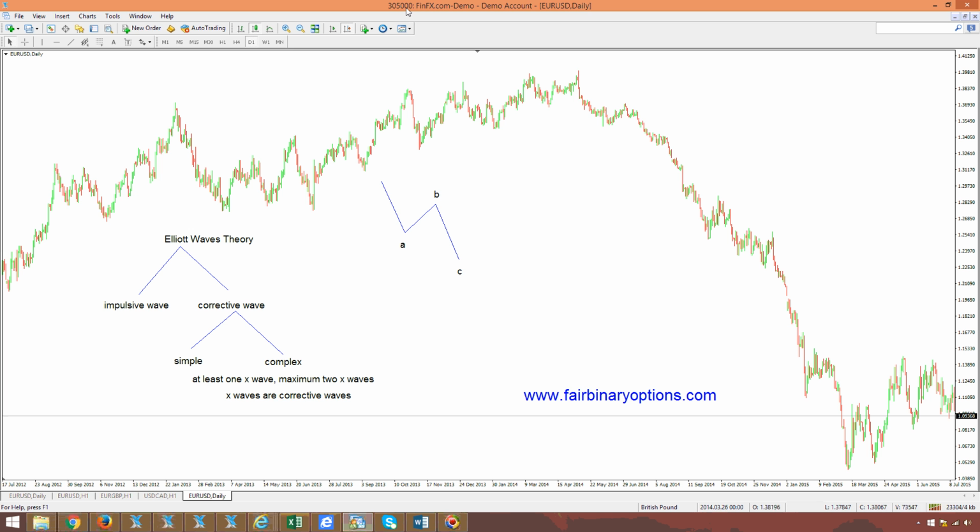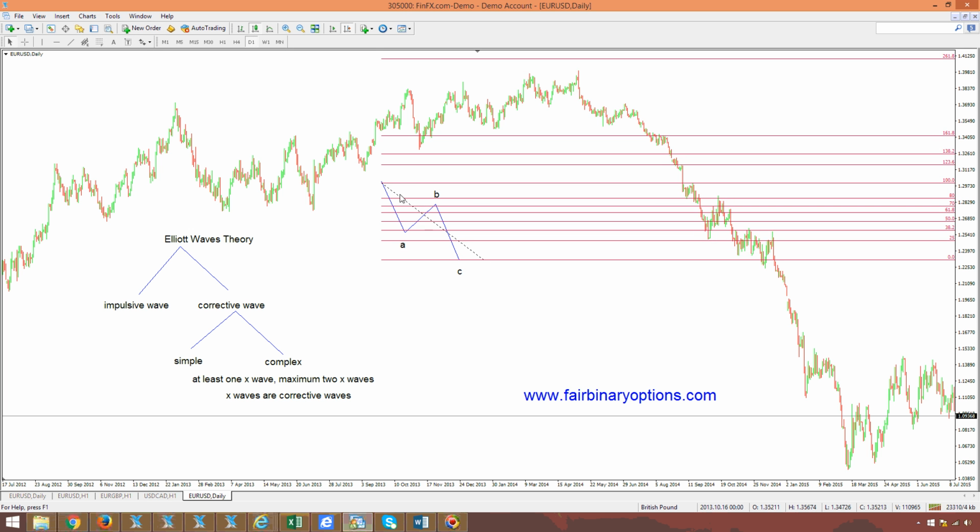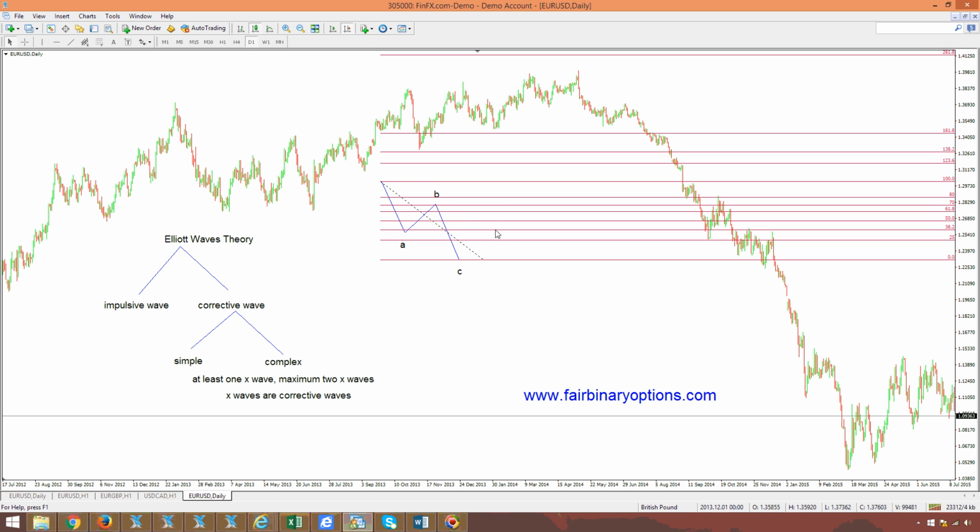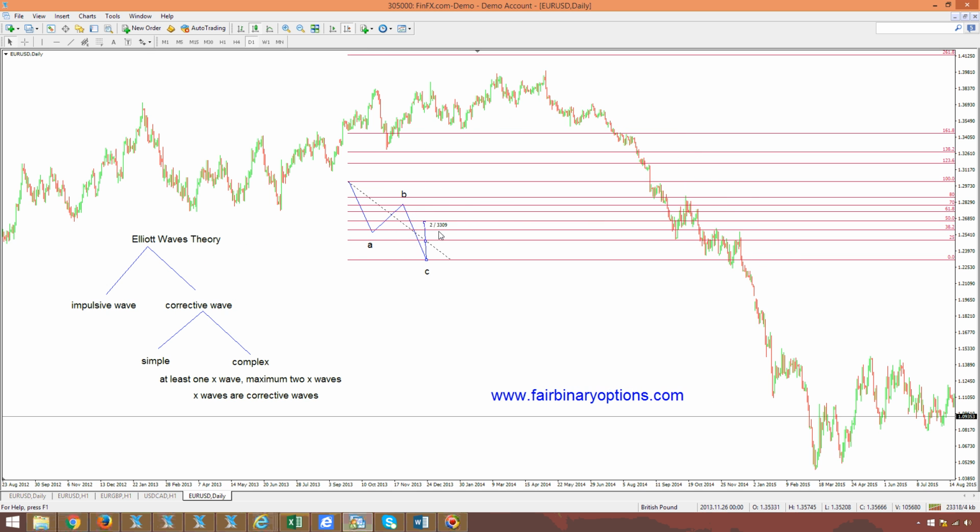wave, but we said that the key in this kind of X wave is the 61.8 level, and this 61.8 is vital. We need to see a move that goes either below 61.8, in that case it is a small X wave, or beyond 61.8. If it goes beyond, then it's a different type of correction. Let's say that it goes like this.